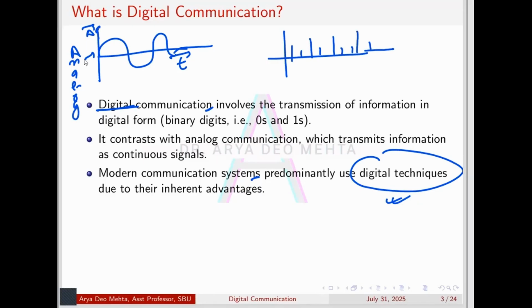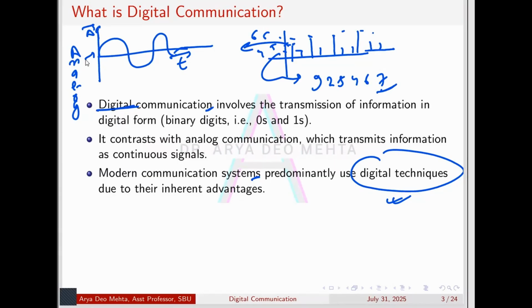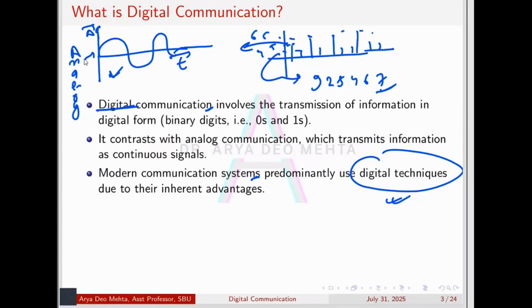A digital signal can be represented simply with digits. That's why they are called digital, like 9, 2, 5, 4, 6, 7. These are also digits, right? Let's say this is 5, this is 4, this is 6, this is also 6, like that. Anything that can be represented with digits, we say is digital, and anything that can be represented with continuous waveforms is analog.